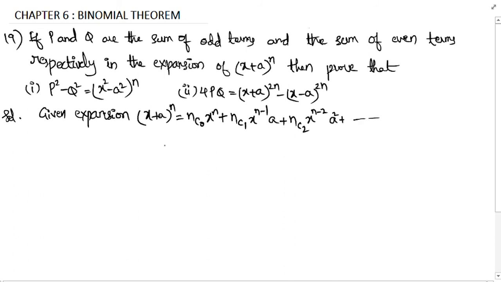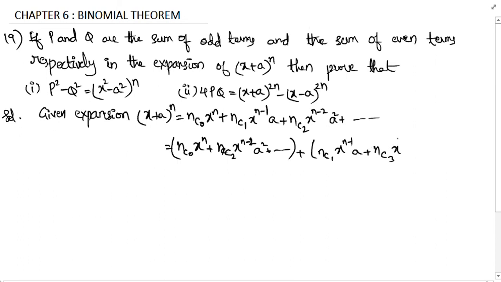So this can be written as nC0 x^n plus nC2 x^(n-2) a square and so on, plus nC1 x^(n-1) into a plus nC3 x^(n-3) into a cube and so on.